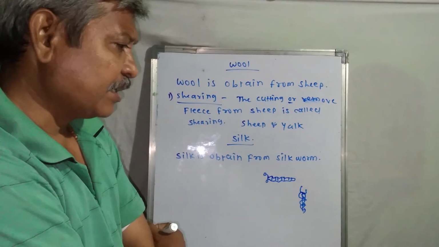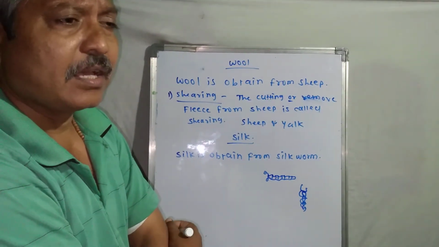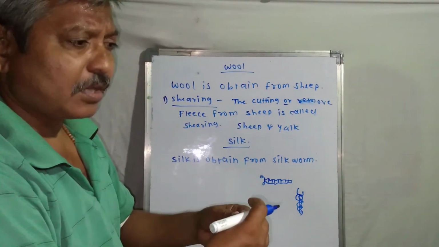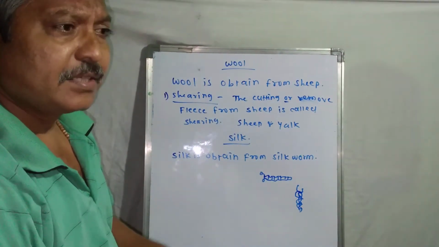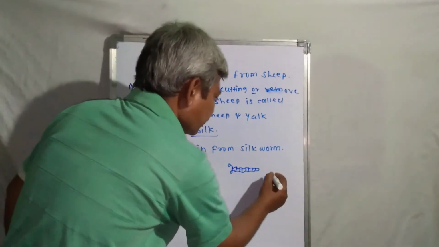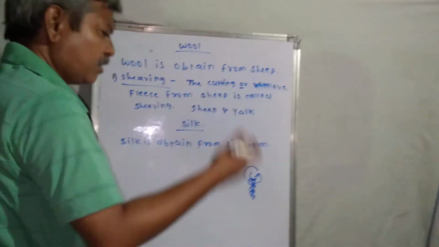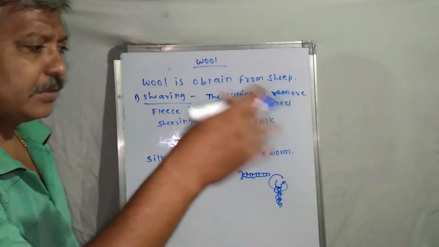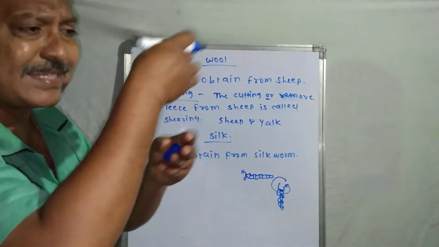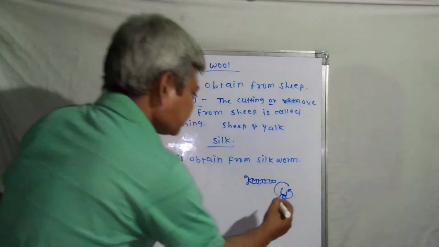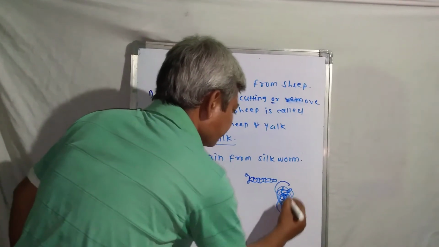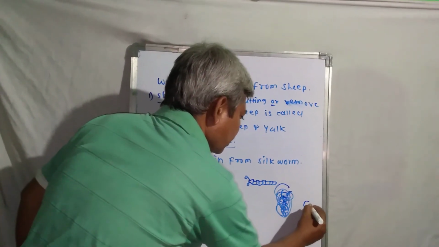That sticky substance, after drying, forms a yarn-like structure, and they spin it around themselves, and that fiber covers their whole body, and they form the cocoon.